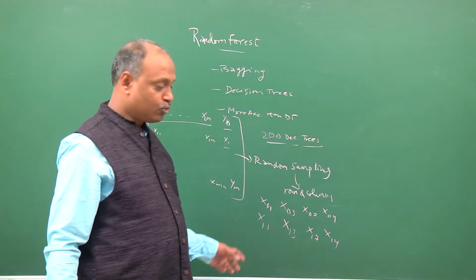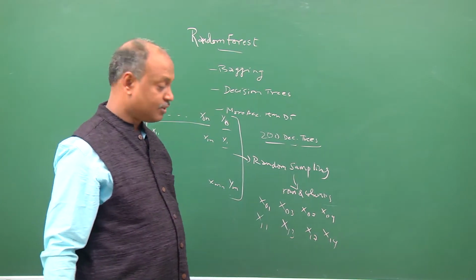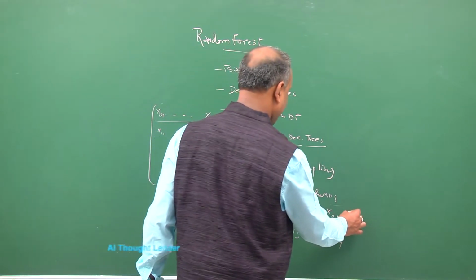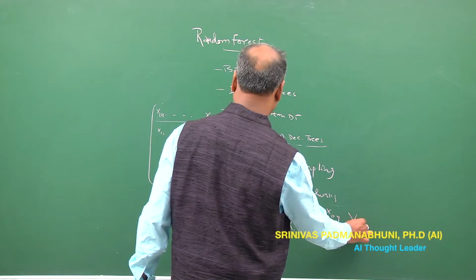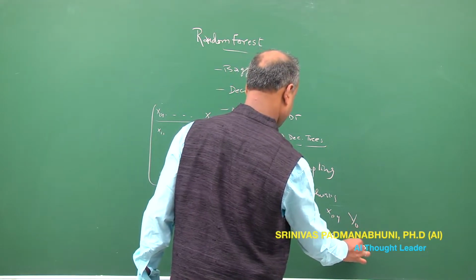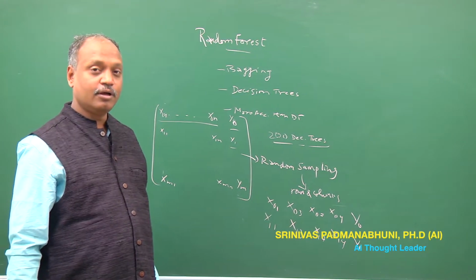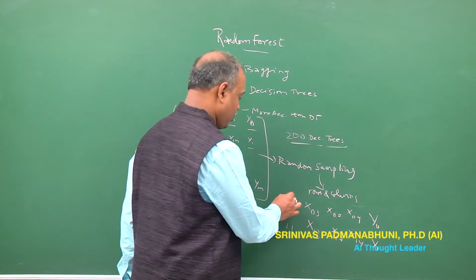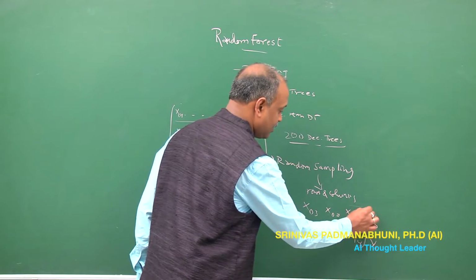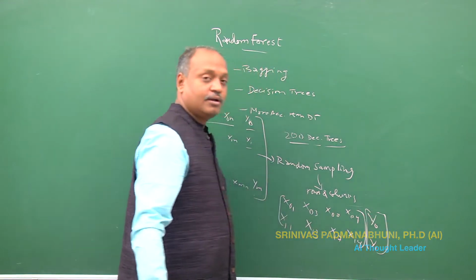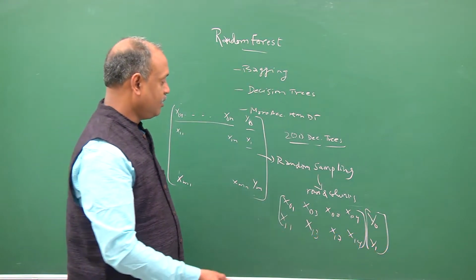I take it randomly, 2 rows, 4 columns, and then I append the corresponding output values. Now this becomes a smaller version of the classification problem.